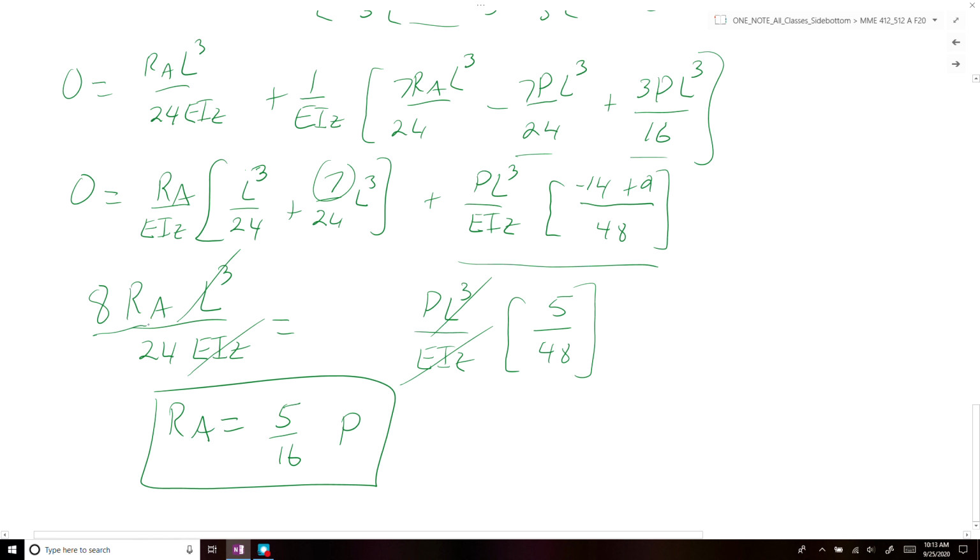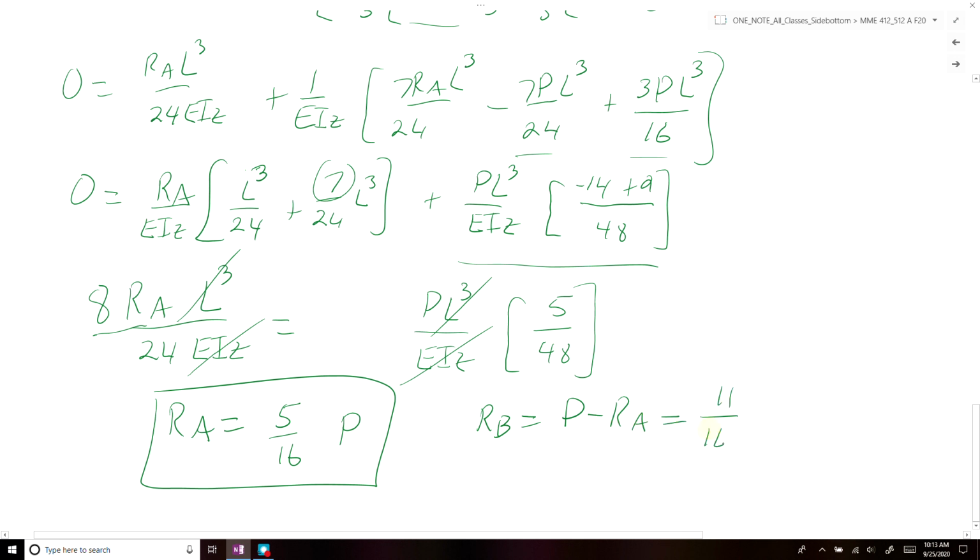Okay, so there's our 5/16 P for RA. We know that RB is equal to P minus RA from our equilibrium equations.